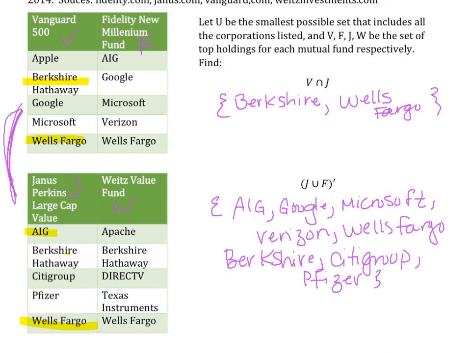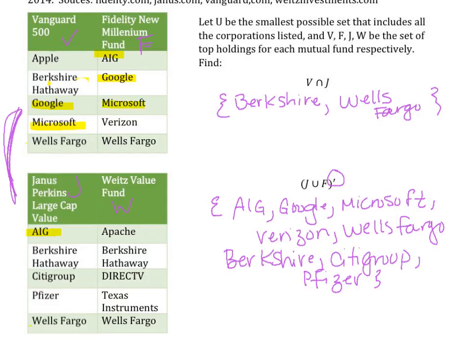Now the last part we need to consider is now we need to find the groups that are not in this group. So I'm going to start over my eraser here because it shouldn't be too many that aren't listed. So we want to find items in all of these lists that are not listed already. So AIG is already included, so we can get rid of AIG. We can get rid of any place where we see Google. We can get rid of Microsoft, anywhere we see Microsoft.